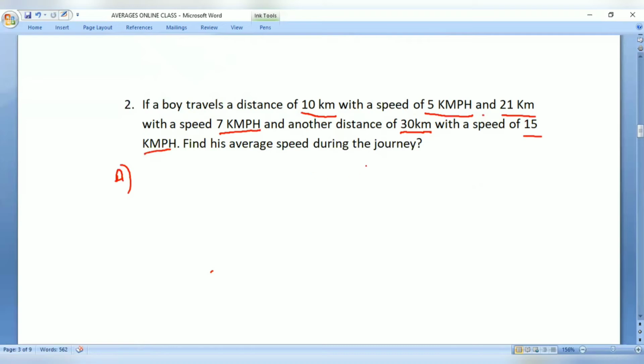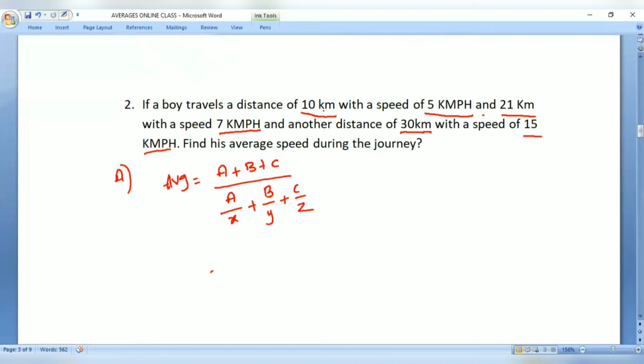Do we need to apply the formula of 3xyz by xy plus yz plus zx, or a plus b plus c by a by x plus b by y? It is the formula for three different speeds and three different distances. So the average is a plus b plus c divided by a by x plus b by y plus c by z.